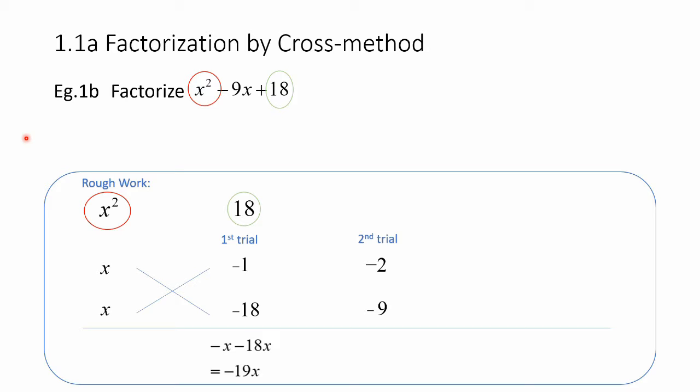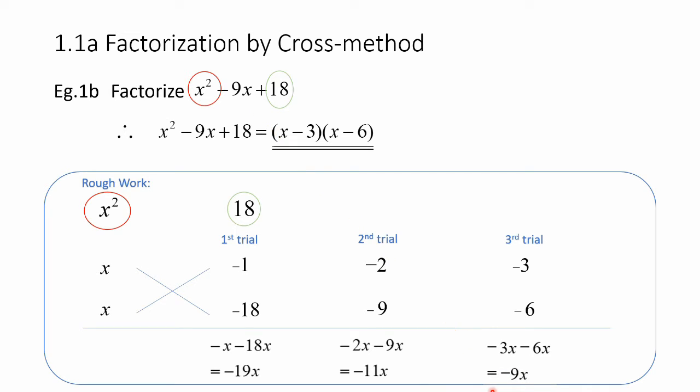18 has factors minus 2 and minus 9 as well. It doesn't match again. Never mind, let's try one more. 18 has factors minus 3 and minus 6 as well. Finally, it matches. We've got the correct answer.